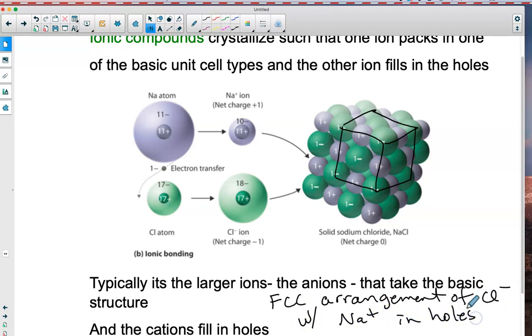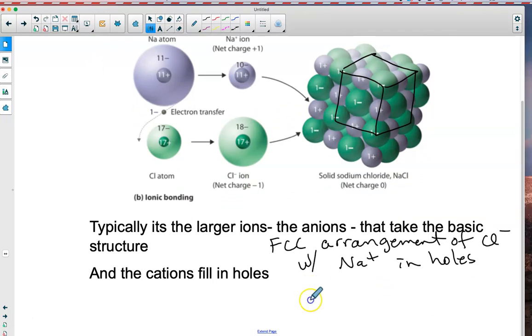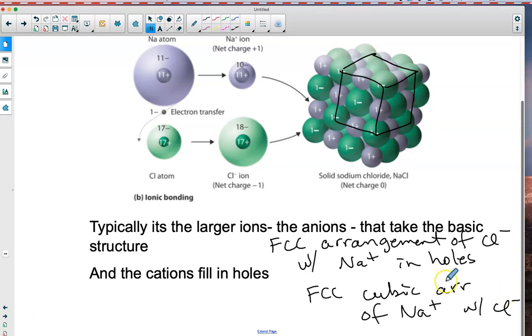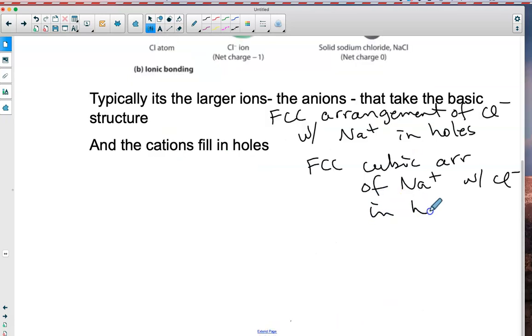But it turns out that it could also be described as a face-centered cubic arrangement of the sodiums with the chlorides in the holes. So it all just depends on your perspective. And so really what it is is 2 offset face-centered cubic structures of the ions.